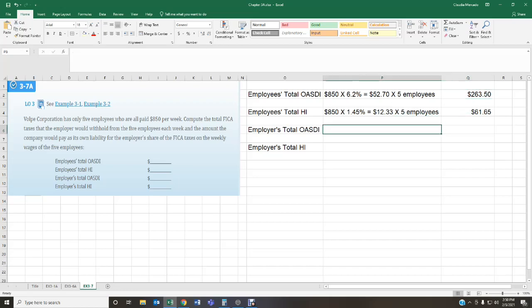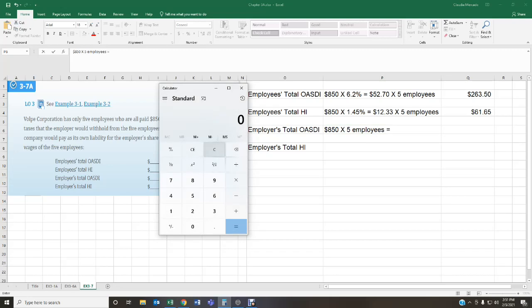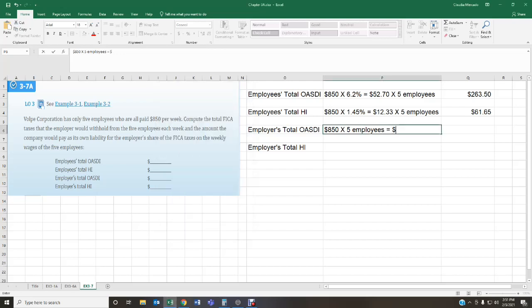Now, for OASDI, from the employer's perspective, it's a little bit different. When we're calculating the employer's taxes, what we need to do is first figure out the total taxable earnings. I know that my employees get paid $850 a week, and I've got 5 employees. So $850 times 5 employees means my taxable earnings for the week are $4,250.